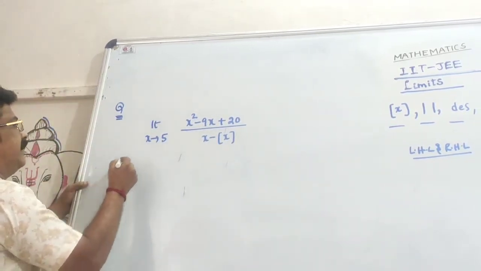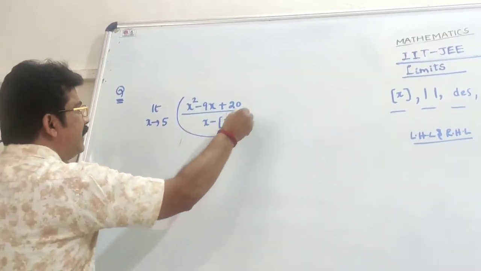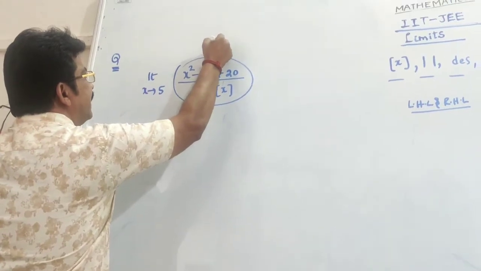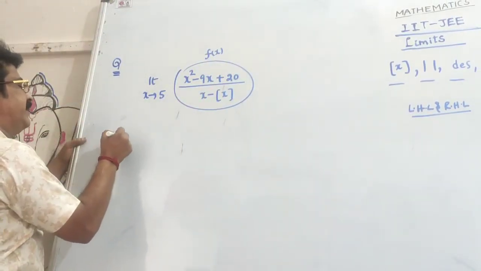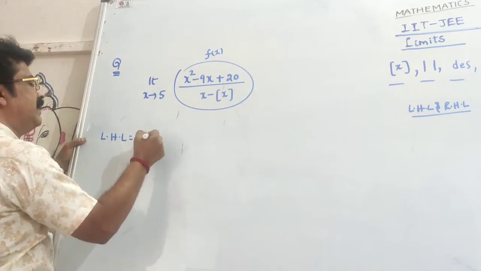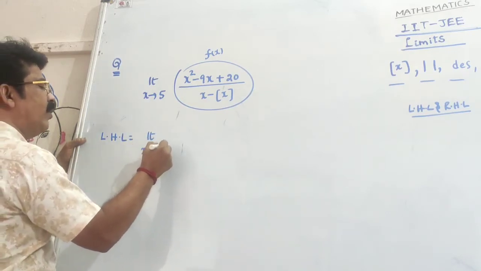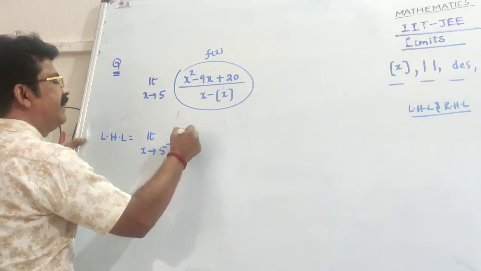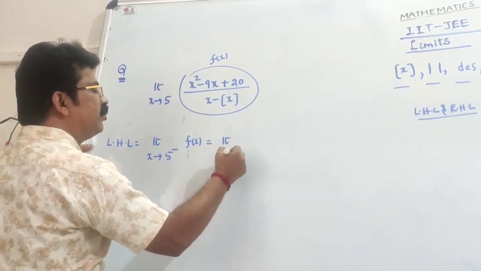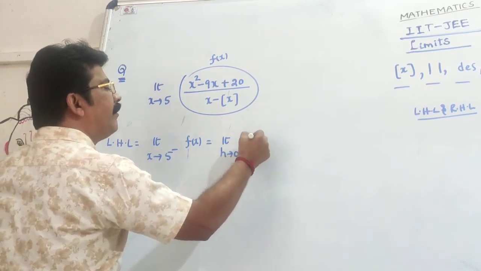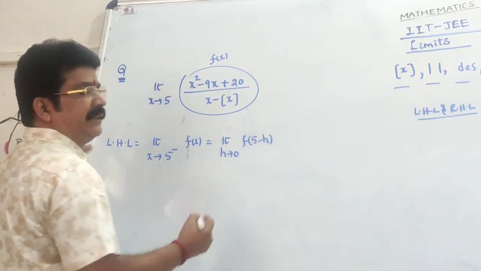Left hand limit. Suppose this is f of x. So therefore left hand limit is equal to limit x tends to 5 minus of f of x. It can be written as limit h tends to 0, f of 5 minus h.